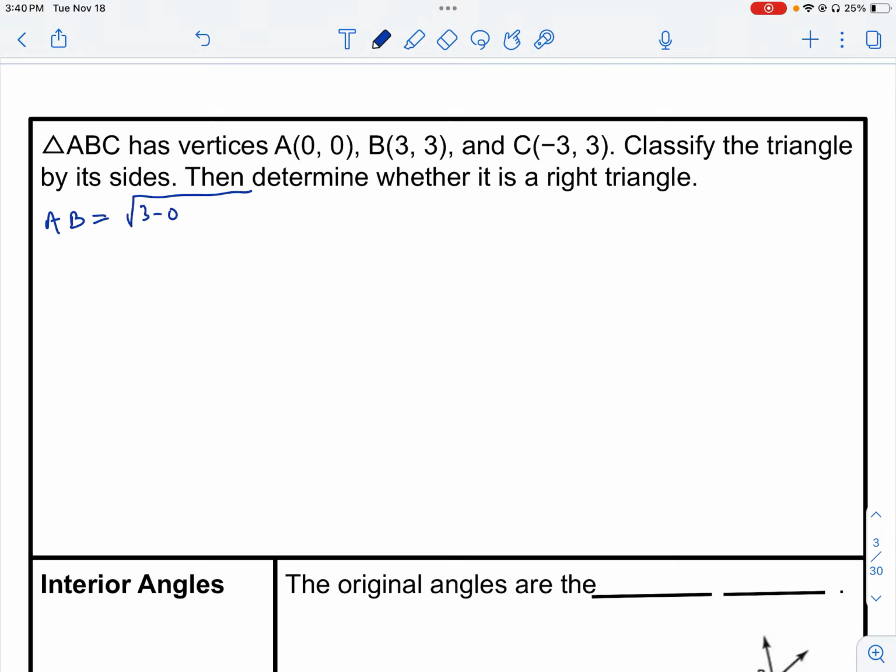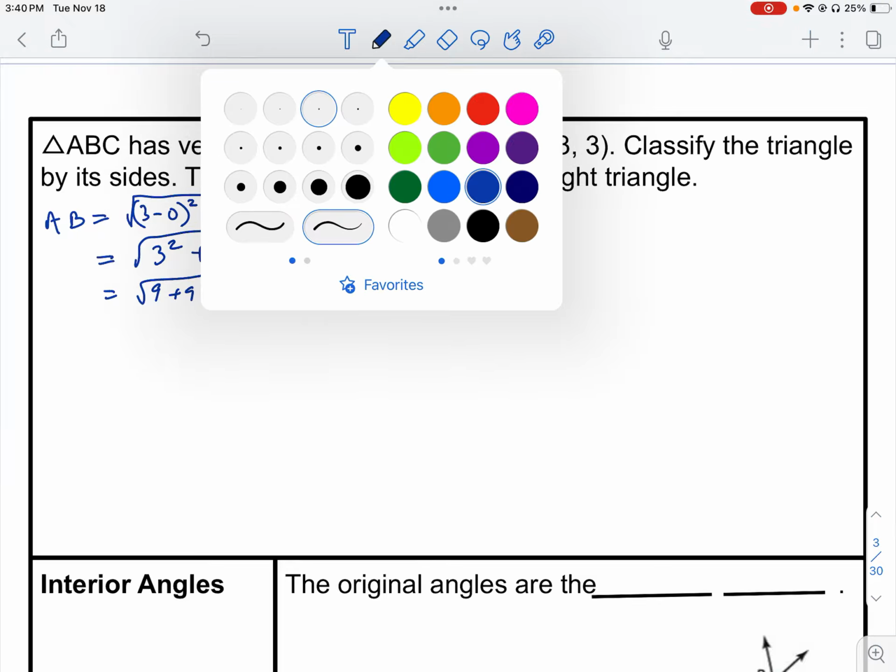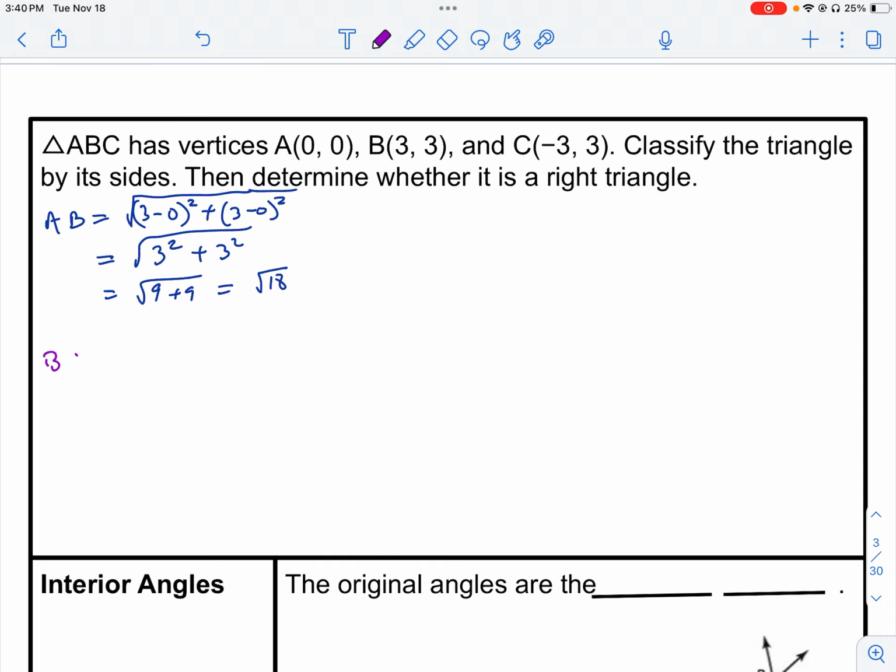So we're going to do AB. So we get 3 squared plus 3 squared equals 9 plus 9 equals radical 18. Then we get BC, which is 3 minus negative 3, plus 3 minus 3 squared.